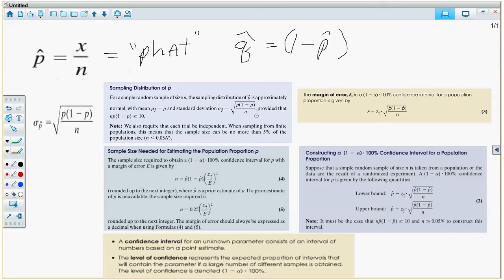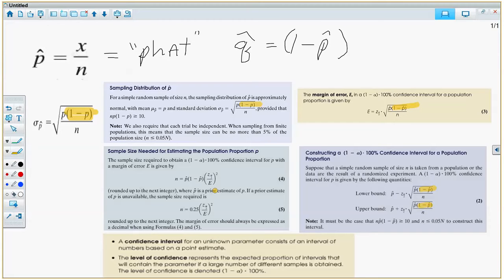Okay? So that's one thing. And if you'll notice, I'll take my handy dandy highlighter. What's that? 1 minus P. 1 minus P. It's the same thing over and over.